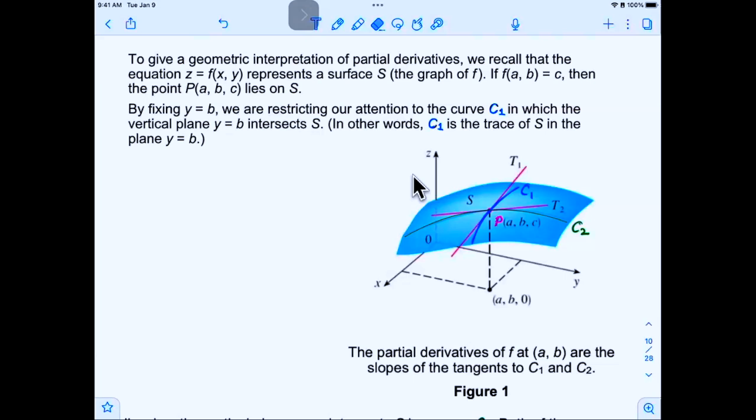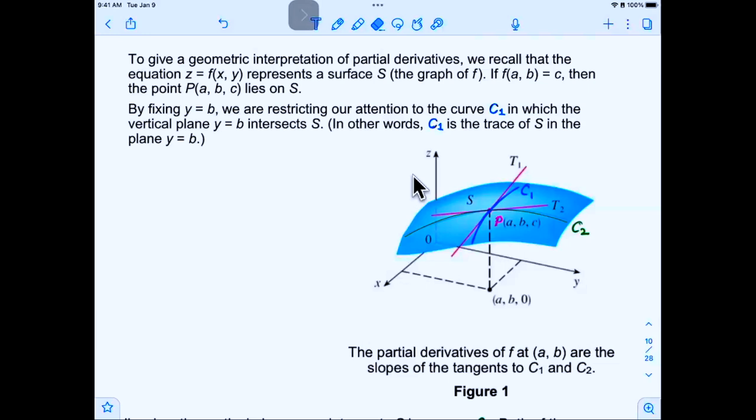At (a, b), when x equals a and y equals b, we have this point P right here. And the z coordinate is f(a, b) equals c. So the c here is the function value right there.